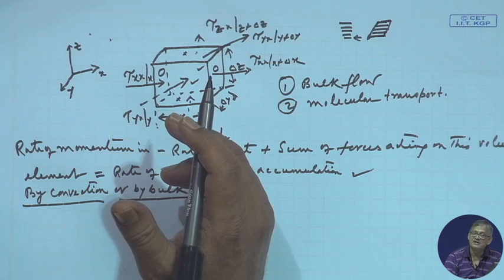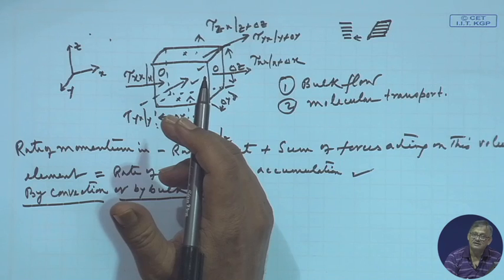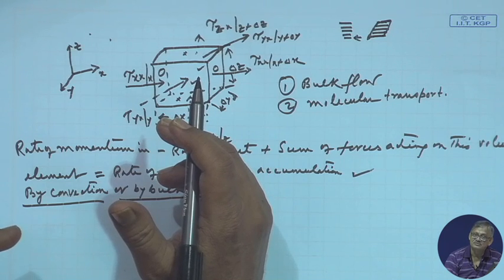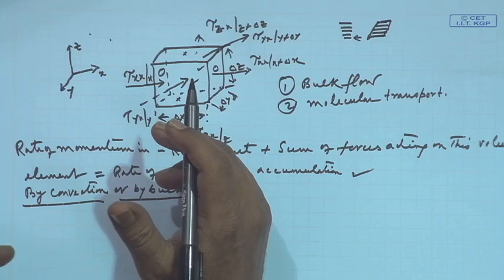So, the momentum arising out of that acting in the x direction, that is the x component of the momentum acting on x. This we will be first finding out, and then we will go to the x component of the momentum acting on y and z, right.